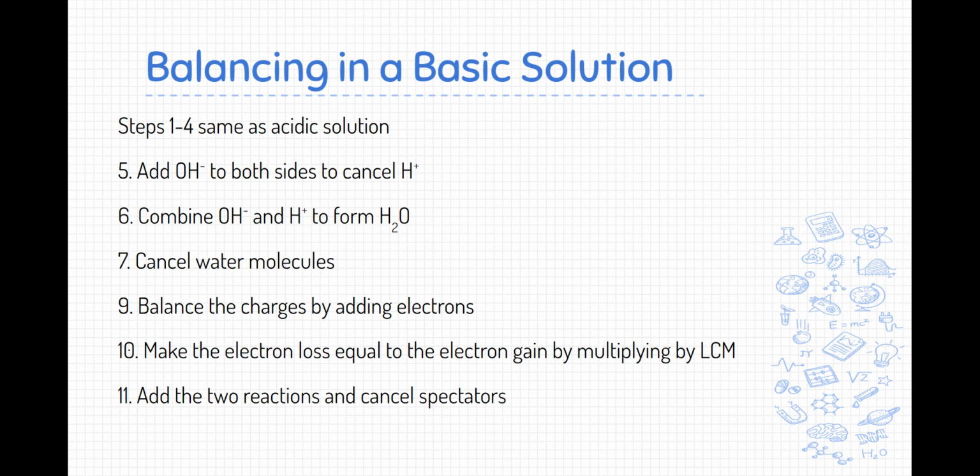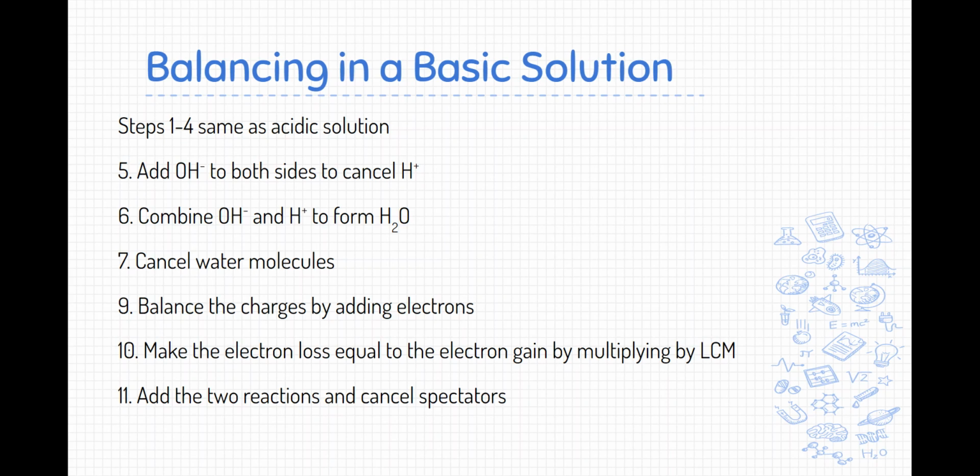So you'll see that these steps in basic solutions are very similar, but we just need a way of having an excess of hydroxide ions, which can be involved in the reaction, rather than having an excess of hydrogen ions. It's important to understand that the steps to balancing are not at all what's occurring in the chemical reaction.